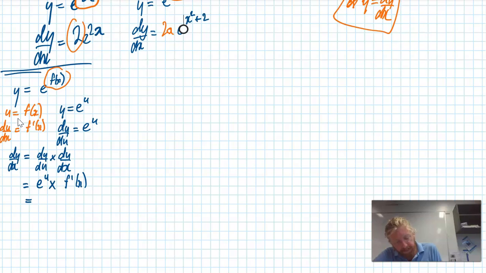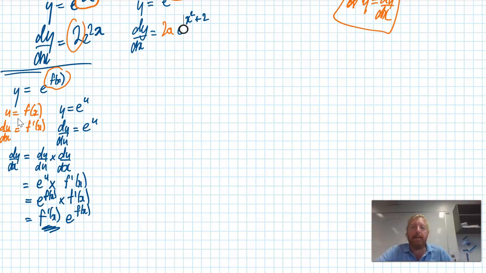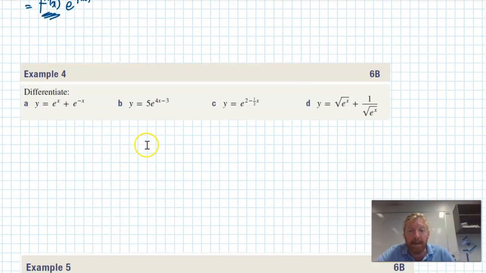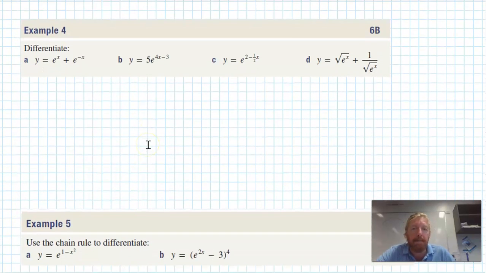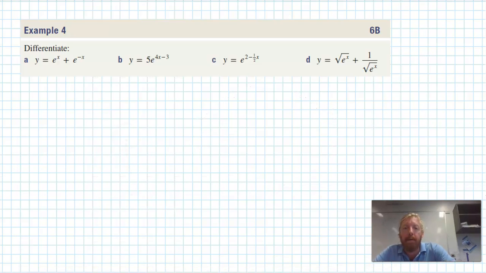Substituting back in for u, e to the f of x times f dash x, or if I want to write it with it out the front, f dash x times e to the f of x. So the derivative is just spat out the front. And that is essentially it. Examples might get a little bit tricky though, so let's do a few of these.